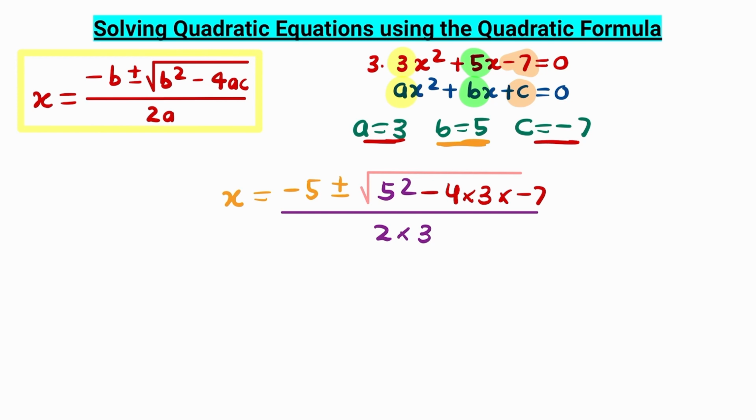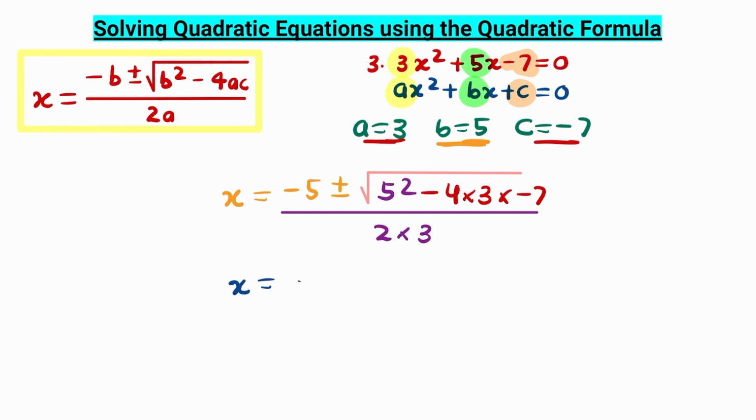We can simplify this equation further. 5 squared minus 4 times 3 times minus 7. What is 5 squared? 5 squared is 5 times 5, 25. Minus 4 times 3 is minus 12. And then minus 12 times minus 7 is 84. So we put here plus 84. And then 84 plus 25 is 109.